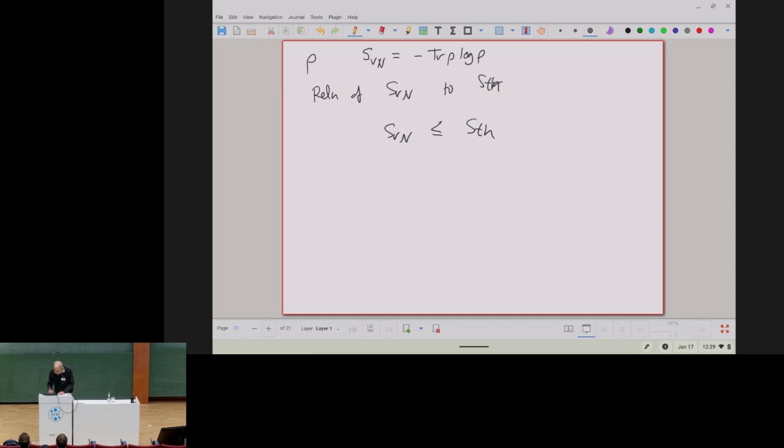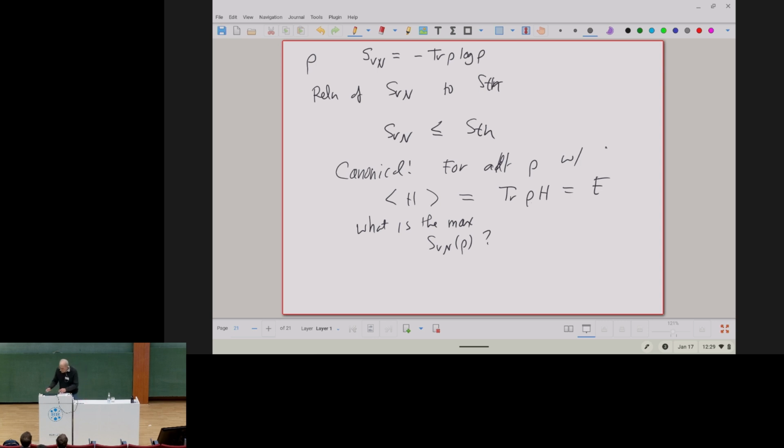So in the canonical version, you ask the following. For all density matrices with the average value of the energy being E, where the average value of the energy in a density matrix is the trace of rho times H, if I ask that the trace of rho H should be some given constant E, what is the maximum that the von Neumann entropy can be?